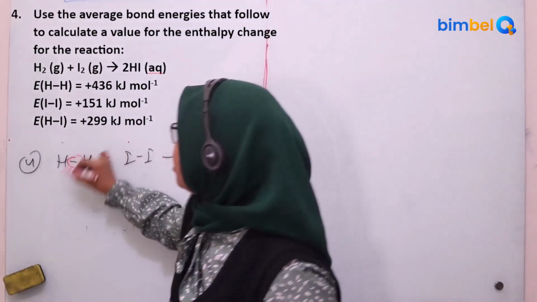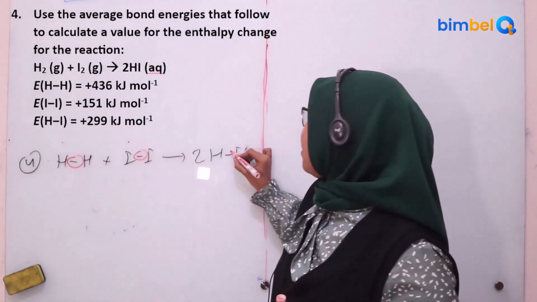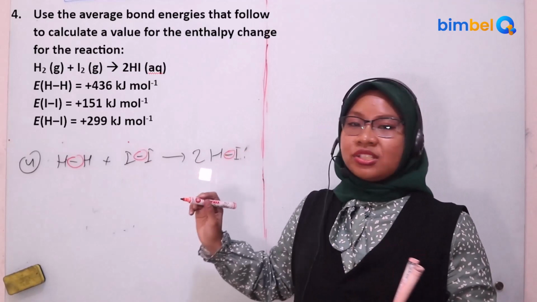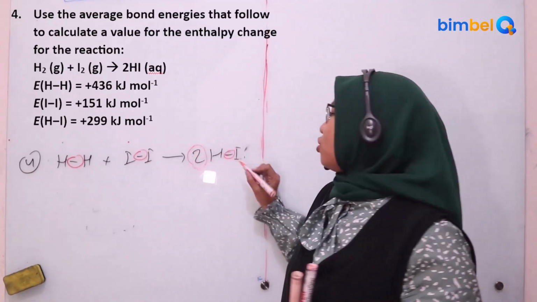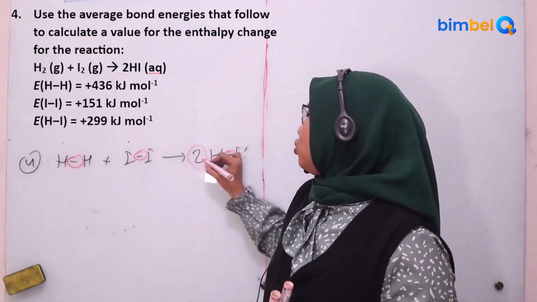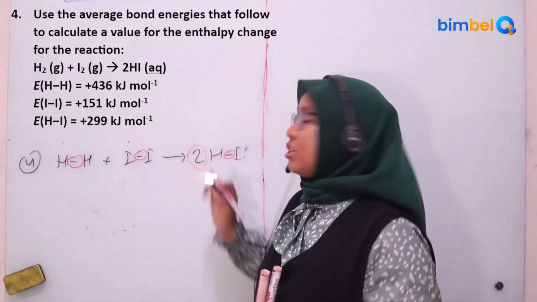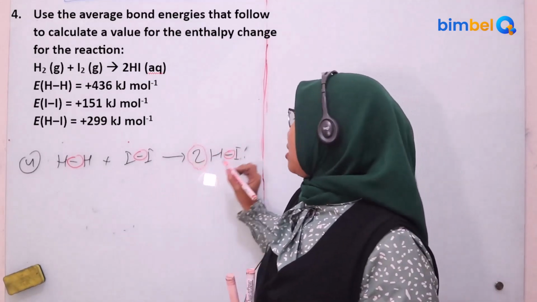Like this, we have this bond and we have this bond, and for the product we have this bond. And you have to consider this number. If we have a number 2, you must multiply the energy by 2. If this number is 3, then you must multiply the bond energy by 3.